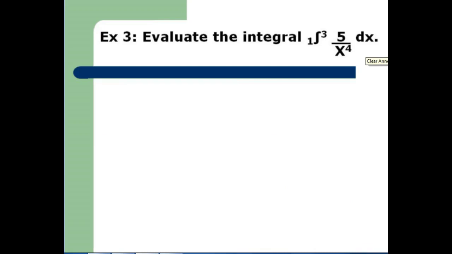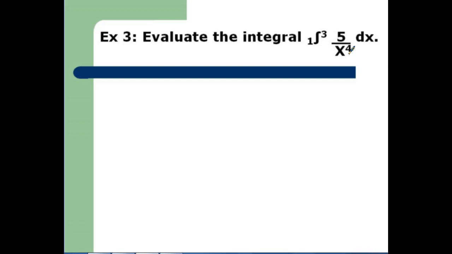Okay, 1 to 3 of 5 over x to the 4. Is 5 over x to the 4 a continuous function? In general, no, because 0 would be outside its domain. Are we evaluating at 0? No, therefore, is it continuous on the interval we are given? Yes. That's what's so important: that you have continuity on the closed interval you are given. If our interval is from 1 to 3 and we are continuous from 1 to 3, then we can integrate.